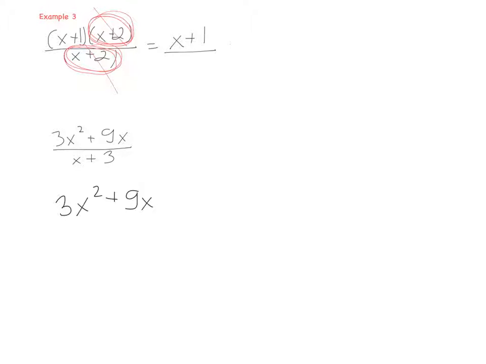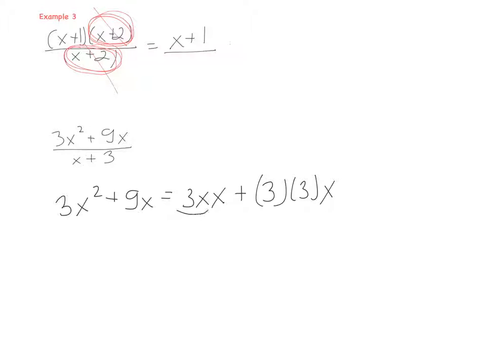So how can I factorize 3x squared plus 9x? The only way I can do it is taking out something common, okay? What's common? So we have 3x plus 3 multiplied by 3x, okay? We can break it down first and then take out what's common.